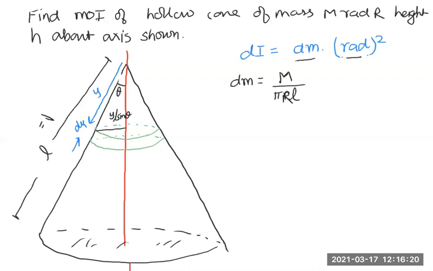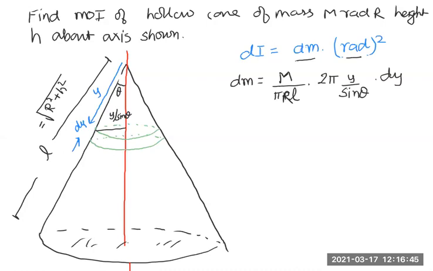Which is equal to under root of r square plus x square, into the area of the green, which will be equal to 2 pi radius multiplied by thickness.